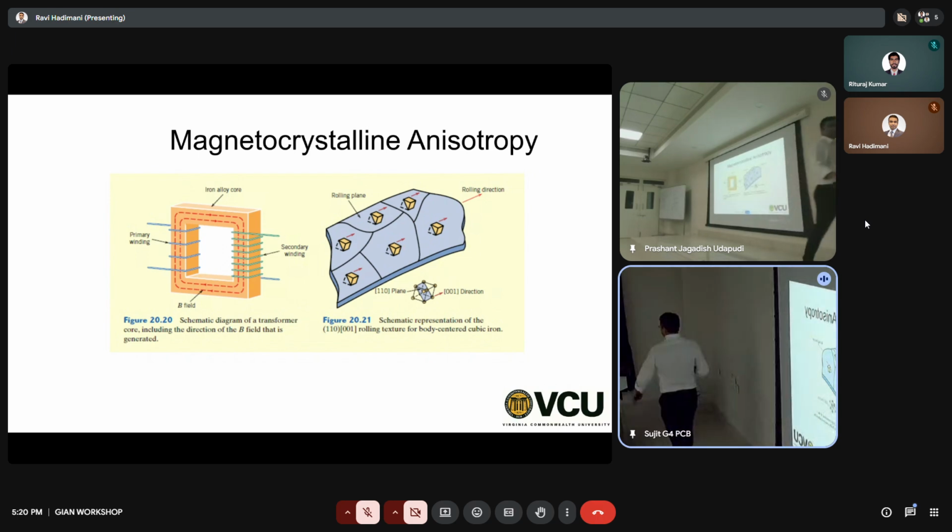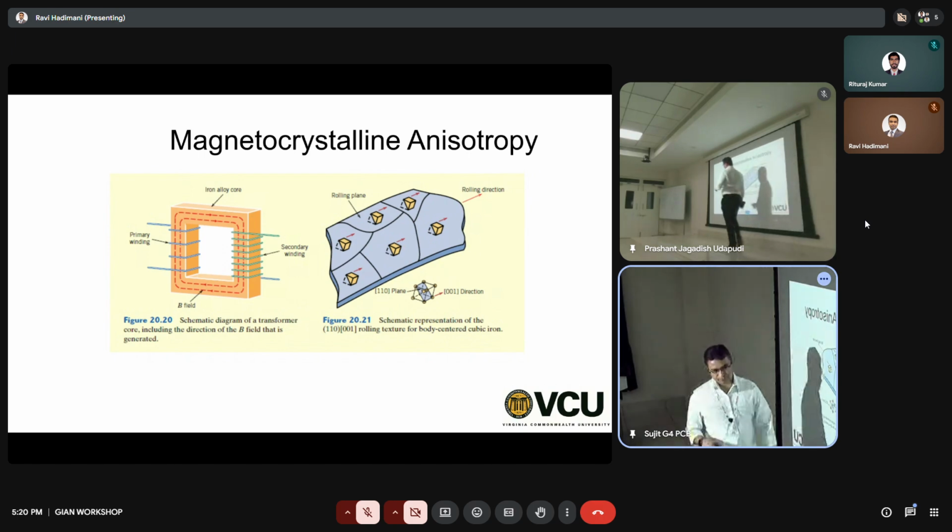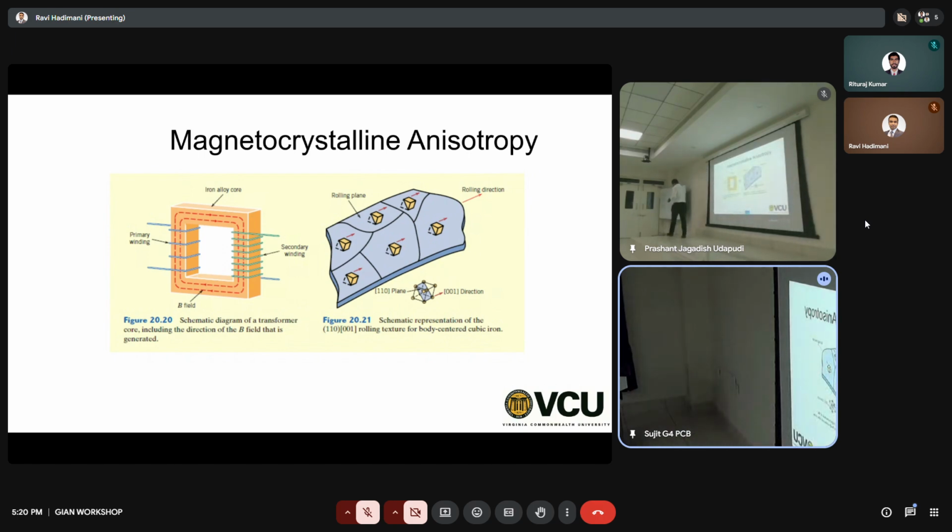Magnetocrystalline anisotropy also determines your coercivity. This coercive field is higher for materials with high magnetocrystalline anisotropy.